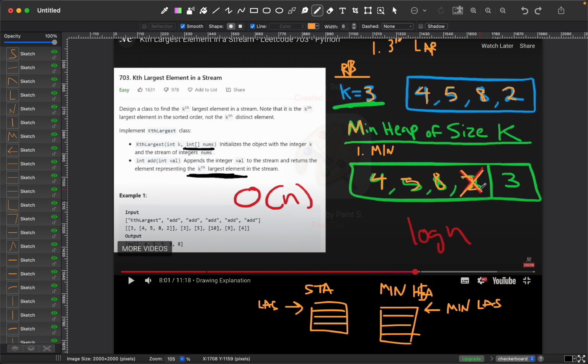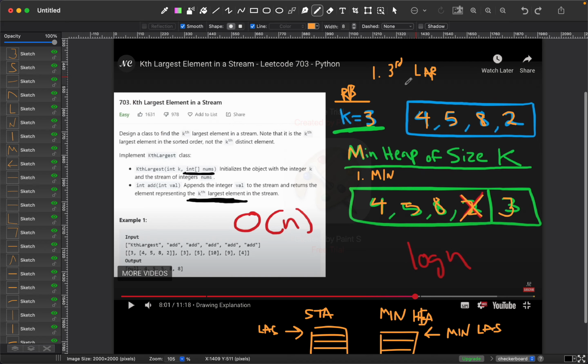Now, maybe say for example, okay, cool, now I'm going to place the 3 over here. Fine. Let's try to play it out. Among the 4 guys, who are we going to remove within the min heap?